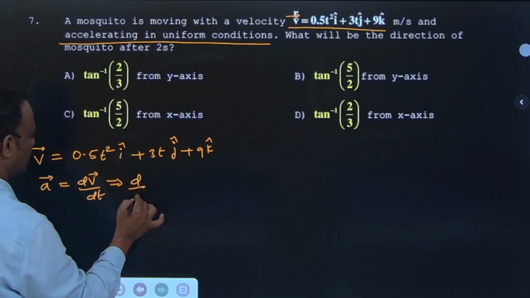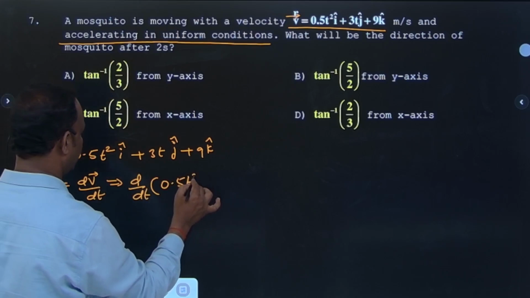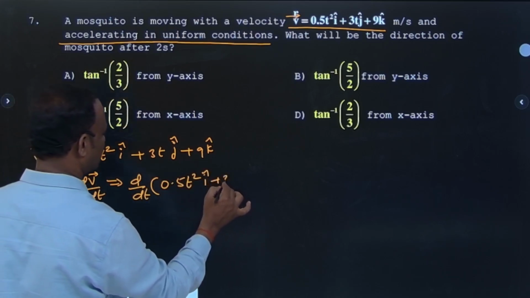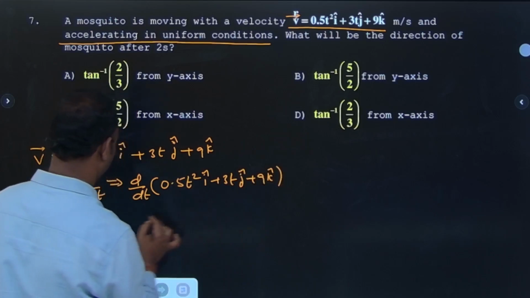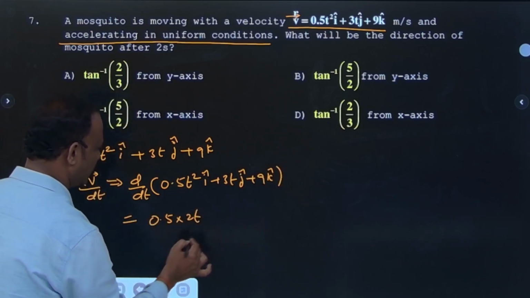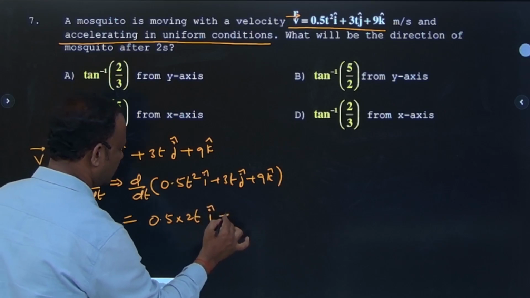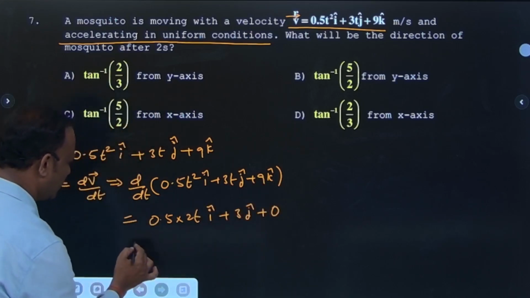Then d by dt of v means 0.5 t square i cap plus 3t j cap plus 9 k cap. Differentiate 0.5 into what? 2t. Okay, i cap plus 3 j cap. Differentiation of a constant is what? 0.